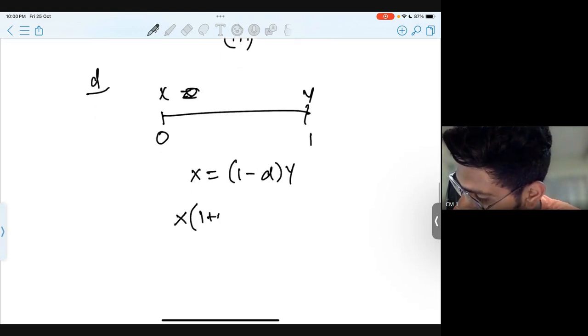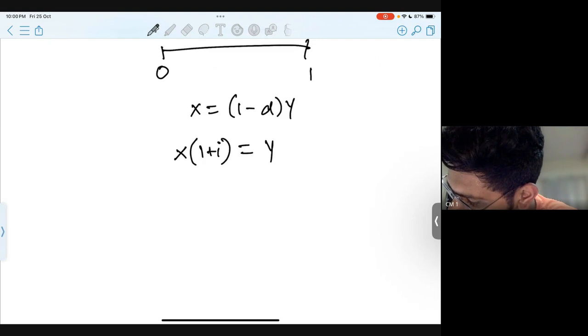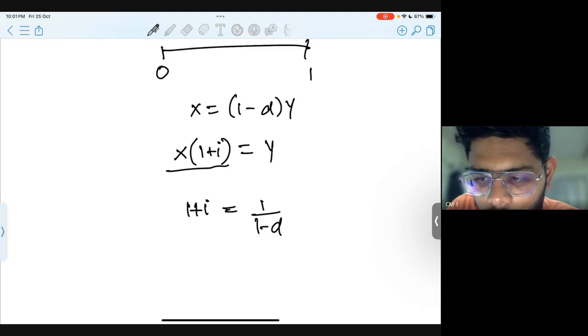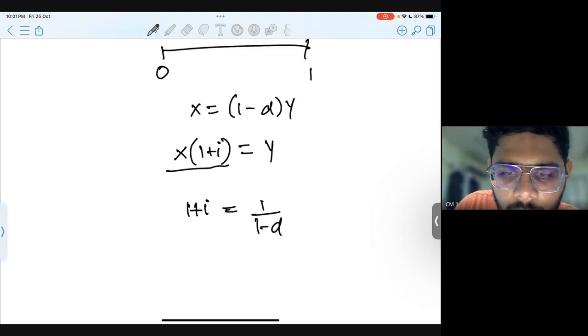X into 1 plus I is equal to y, which means 1 plus I is equal to 1 upon 1 minus d. ये इक्विवेलेंसी मालूम है? ठीक है. Okay.